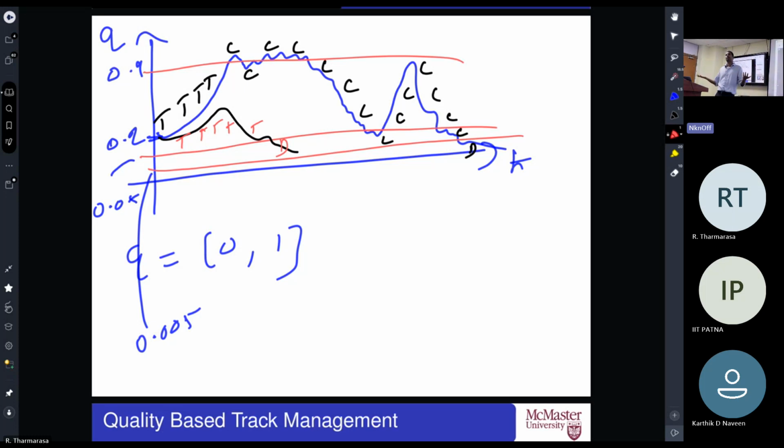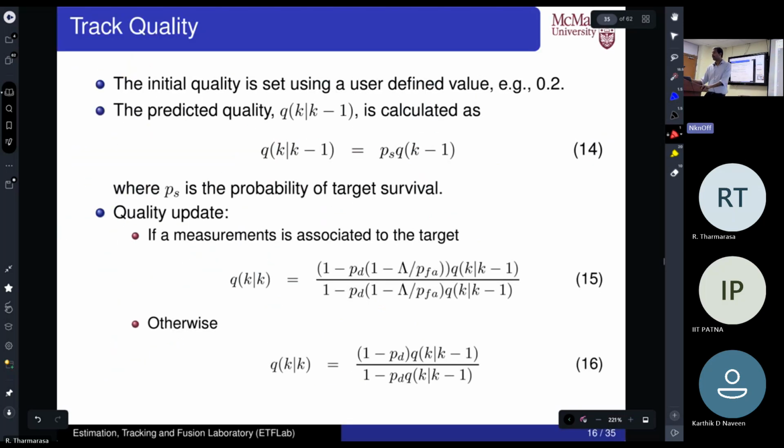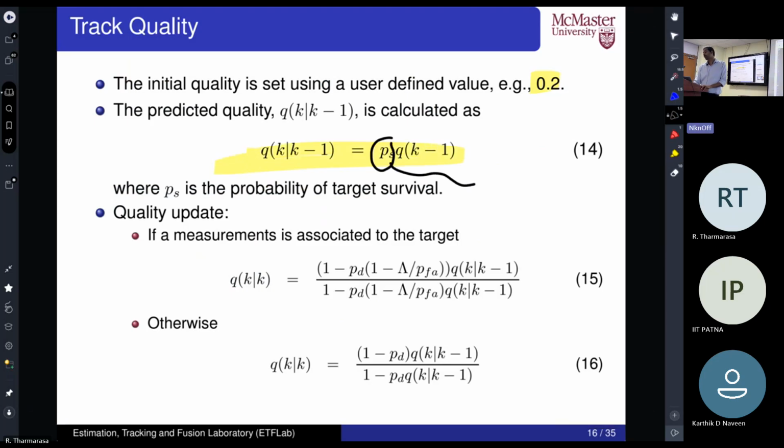Now you want to see how to update the quality. For that equation, we start with 0.2. First, we predict the quality with a survival probability, usually 0.9. What is the probability that the target will survive?